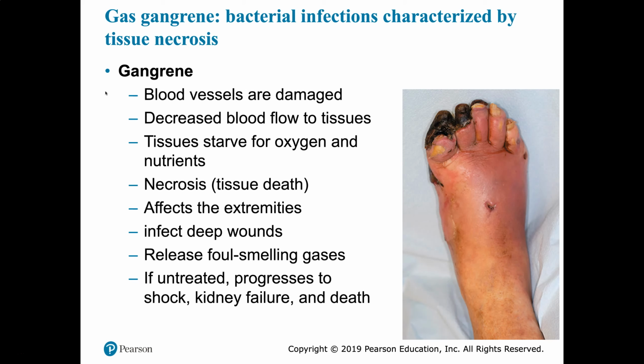But the blood vessels are damaged, which means the extremities in most cases, fingers, toes, are not getting enough circulation. Therefore, the tissue literally dies, and it has to be removed. So they're starved for oxygen and nutrients. Necrosis just means tissue death.